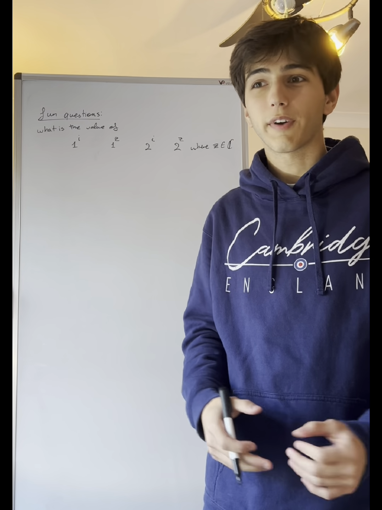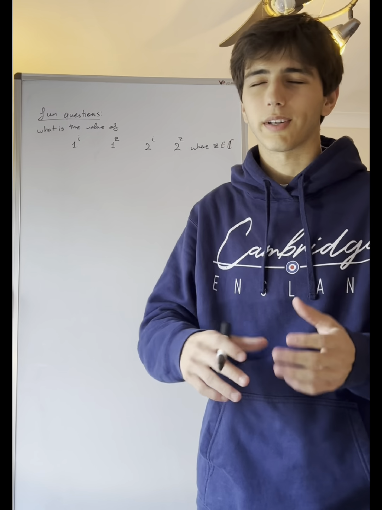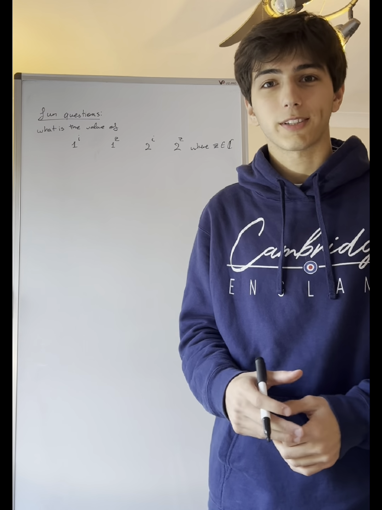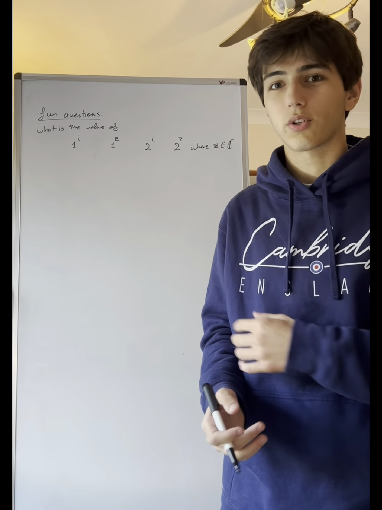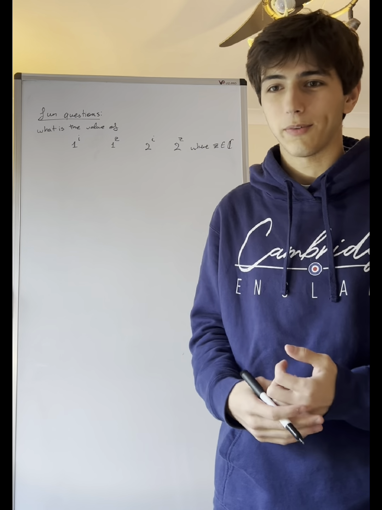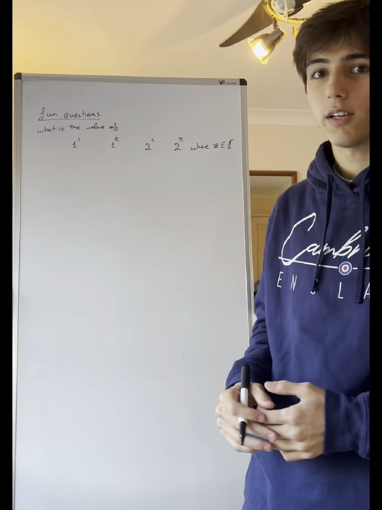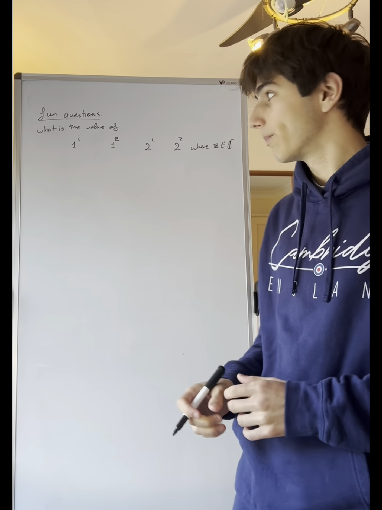Okay, so if you've ever wondered whether the identity 1 to the n equals 1 works even with complex numbers, we're going to see, using the exponential form of complex numbers, if that works. So I have four numbers here, and we want to work out their value in Cartesian form.